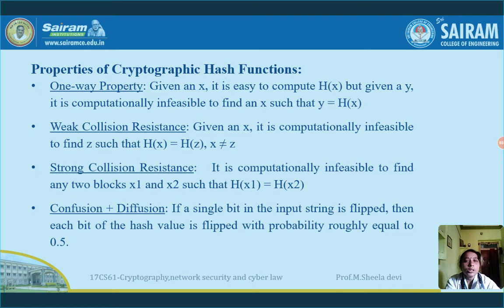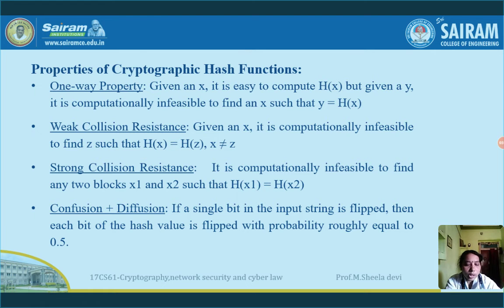That is, after applying hashing on x and on z, you will never get the same value. The message digest of x and the message digest of z will never be the same. Here x is not equal to z, there are two different messages. What is said is, given an x, it is computationally infeasible to find z such that h of x is equal to h of z.